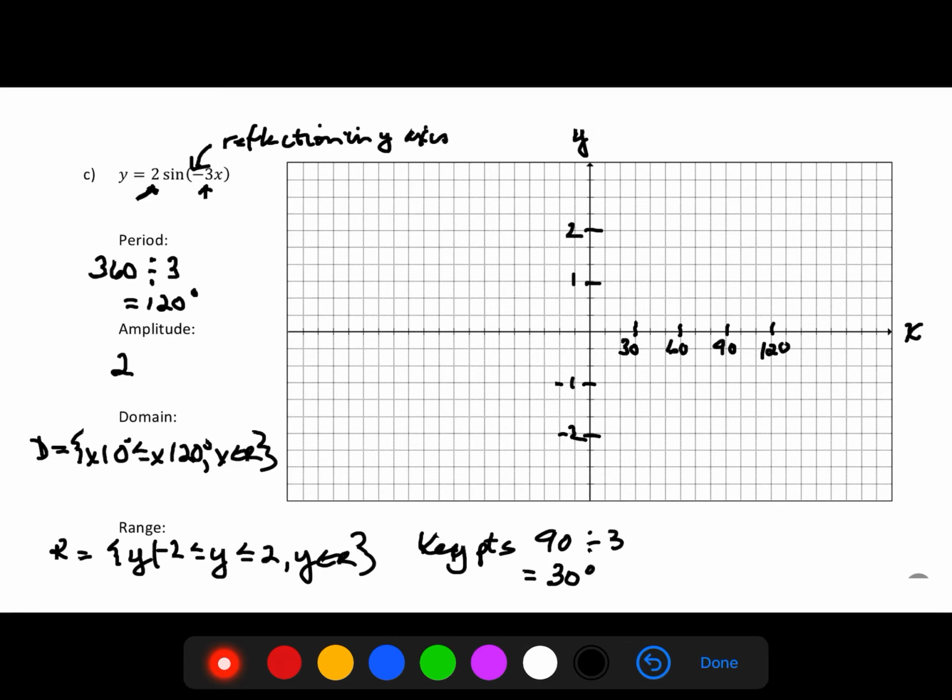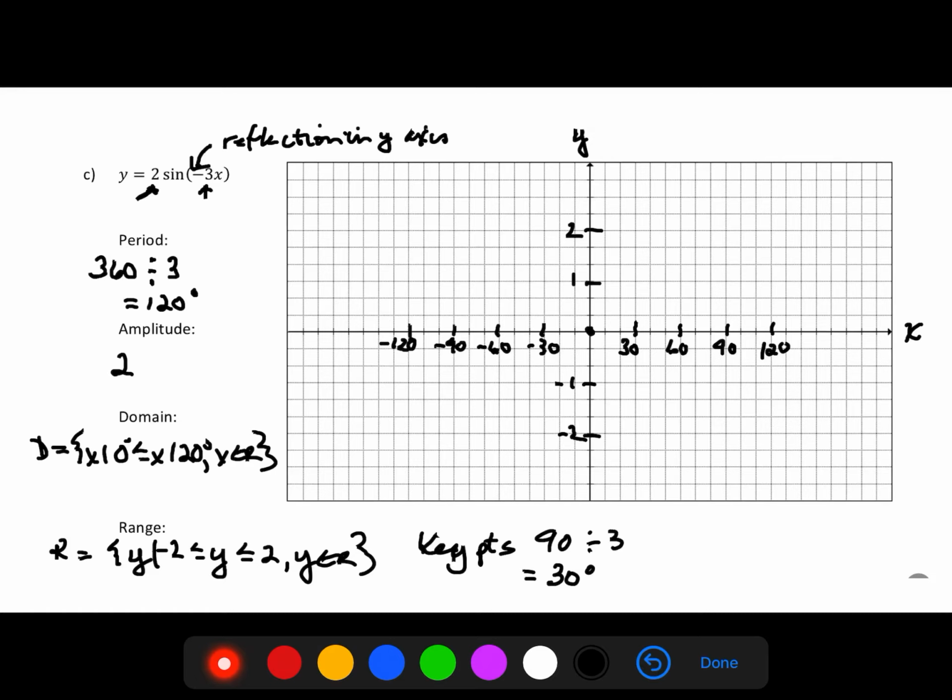Now, the one thing we also have to watch here is that we have a reflection in the y-axis. So we're actually going to be going the opposite direction. So we're going to have our cycle in the negative for x.